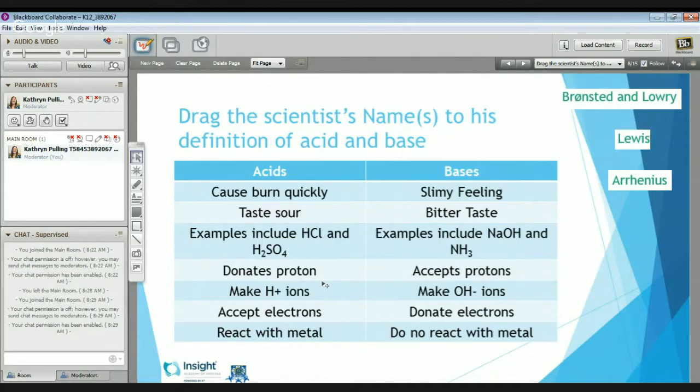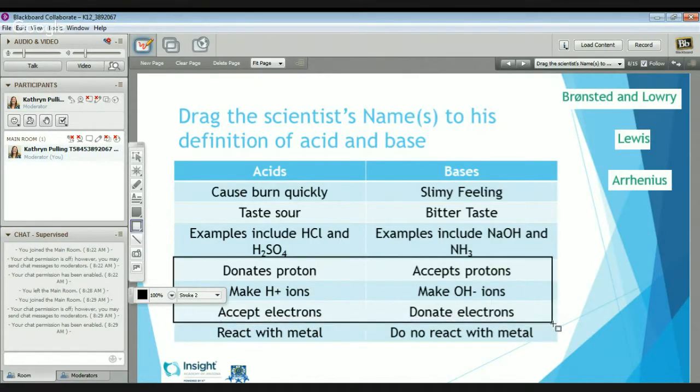The last part is when you get down here, these go along with somebody's name. So I want you to think about it.